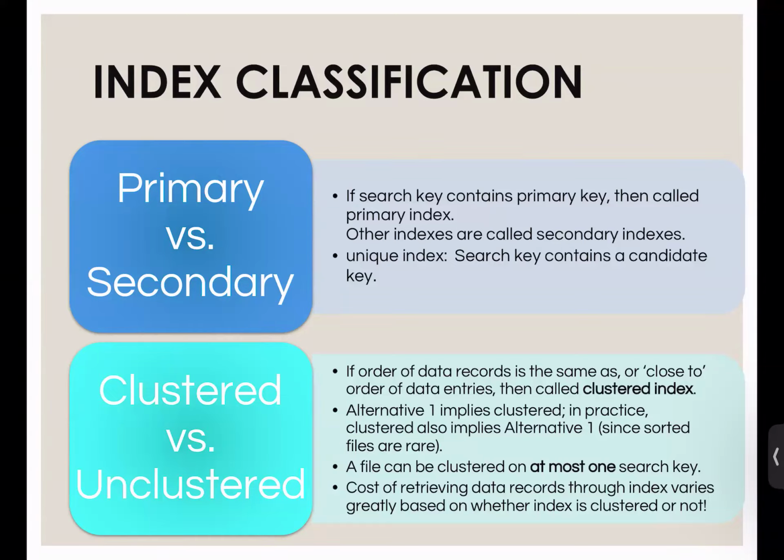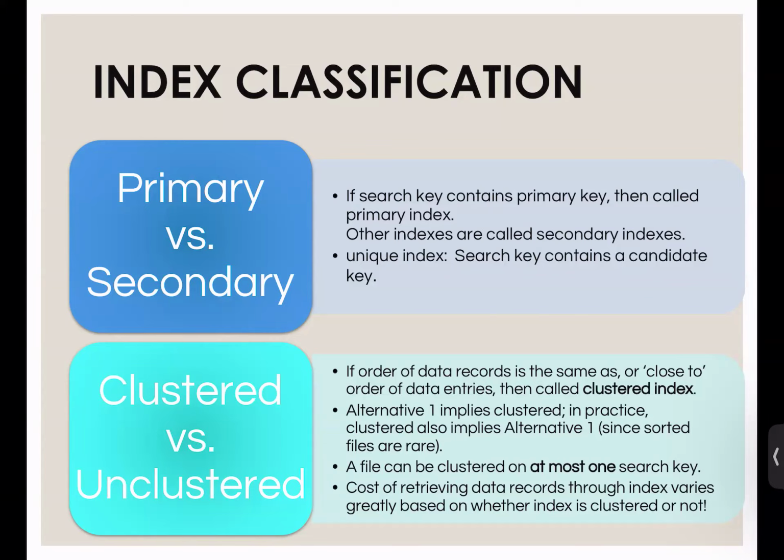But we can classify indexes, depending on the point of view, by whether they are primary or secondary. Remember the search key: if you want to sort based on authors, authors would be the search key. If you want to search on ISBN or keywords, those would be your search key.